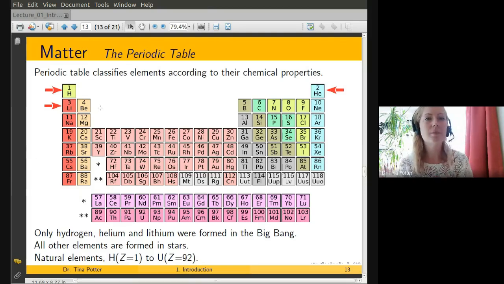Everything else is made in stars, and we'll be having a look at the nucleosynthesis in stars in the course as well. And then we get up to a point of the most stable nuclei, for example, lead. And to push beyond that, you need the energy of a supernova to make those very heavy, rare elements.